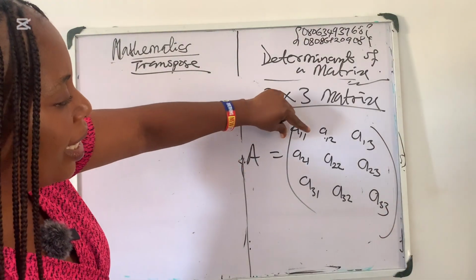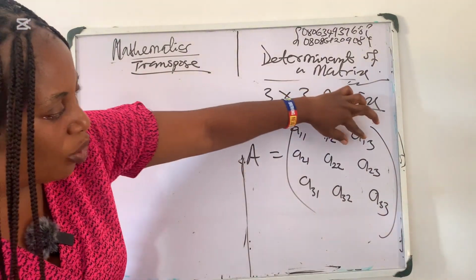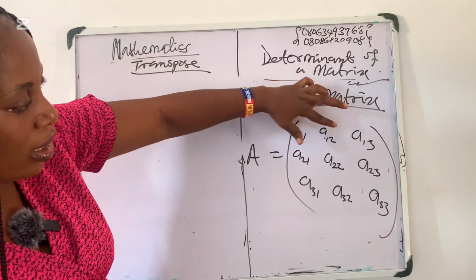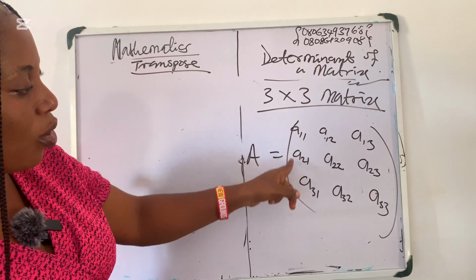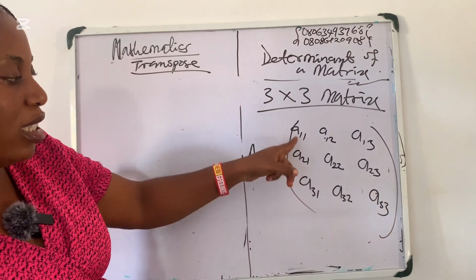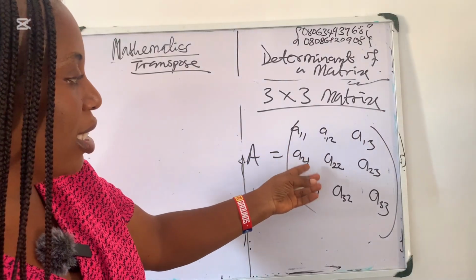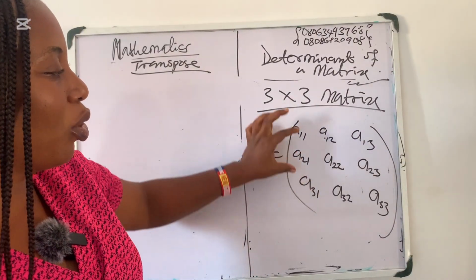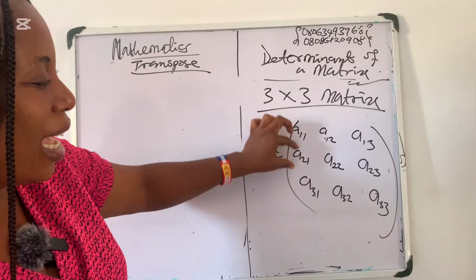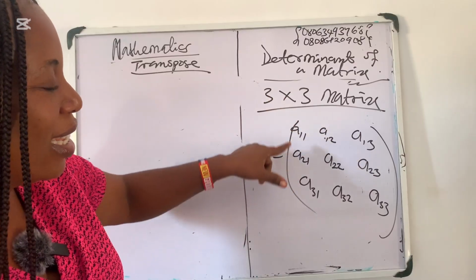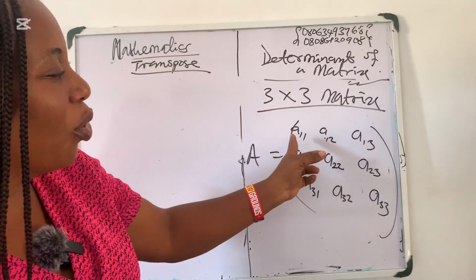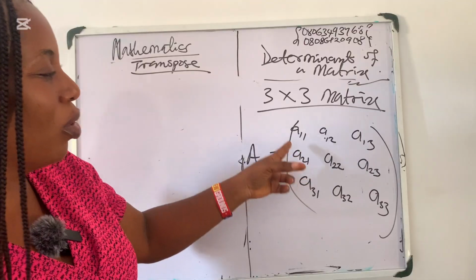Now, when you pick A11, this is the row where A11 is found, and this is the column where A11 is found. So if you are going for the numbers for A11, you don't touch any number on the column where A11 is, and you don't touch any number on the row where A11 is.